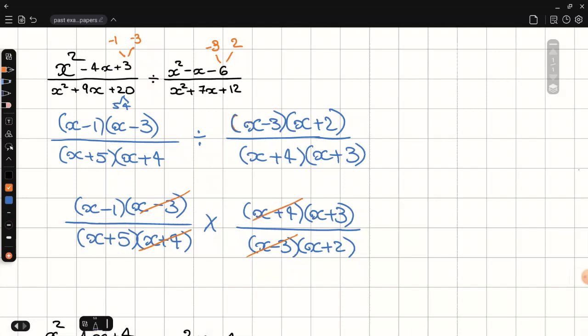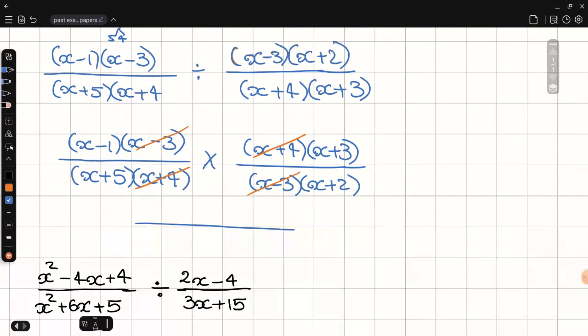So our final answer is going to be x minus 1 times x plus 3, over x plus 5 times x plus 2. Just pay attention: identify the common factors between these two fractions, and you can also do the cross cancelling. You can cancel the numerator of one fraction with the denominator of the other one.